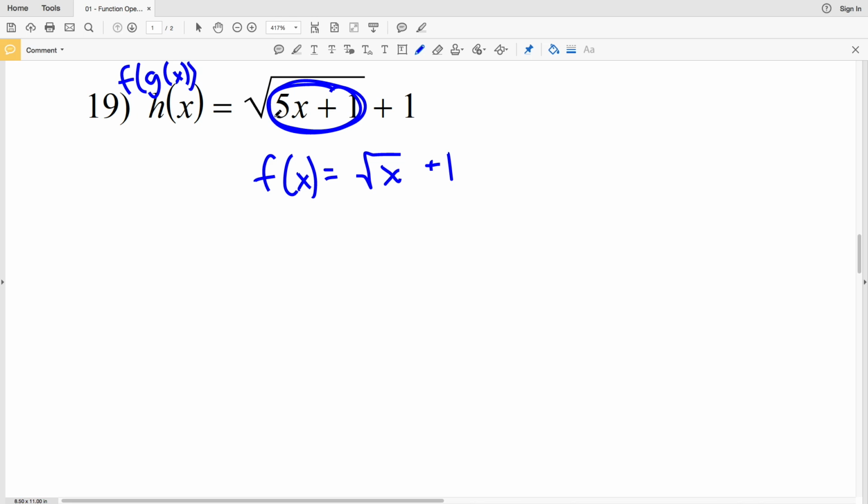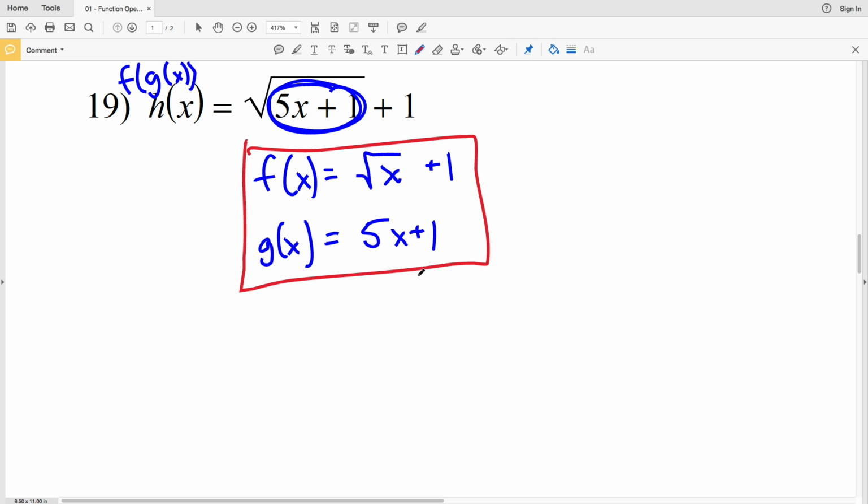If we made f of x the square root of x plus 1, what would g of x have to be? g of x would have to be what's within that radical, which is 5x plus 1. So f of x is the square root of x plus 1, and g of x is 5x plus 1. So f of g of x would be the square root of 5x plus 1 plus 1. Now we're going to move on to number 20.